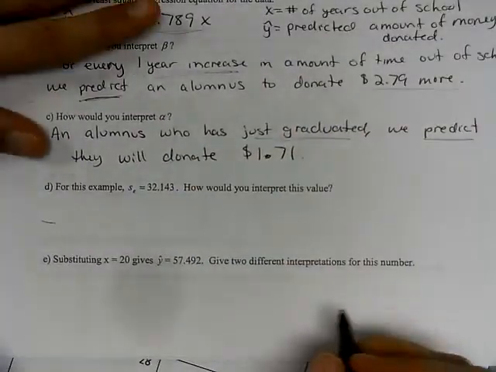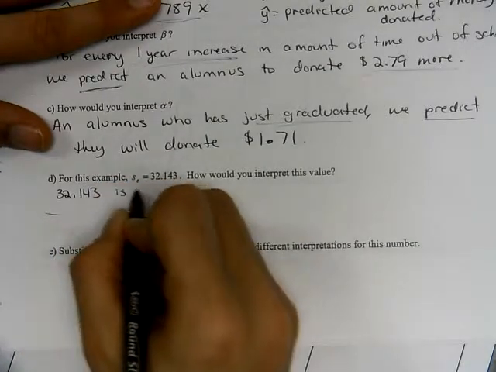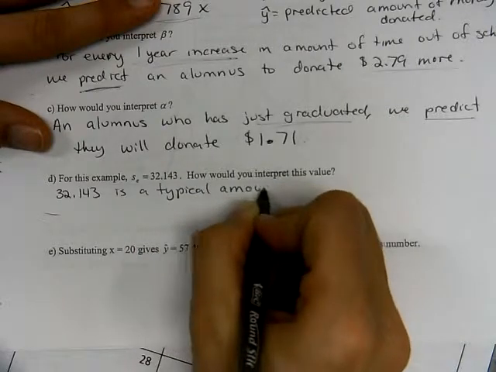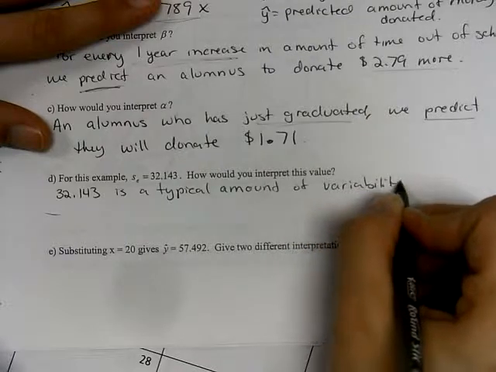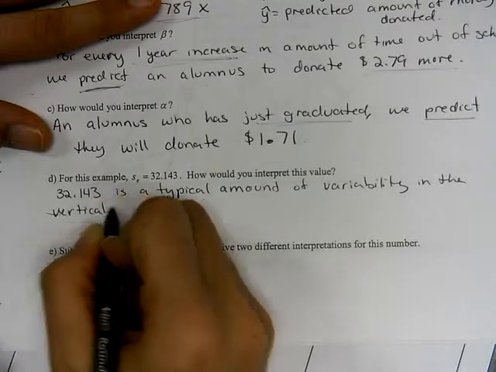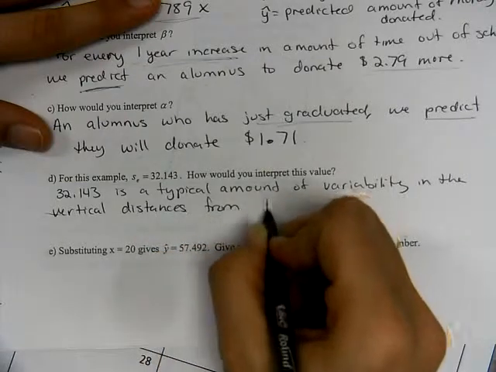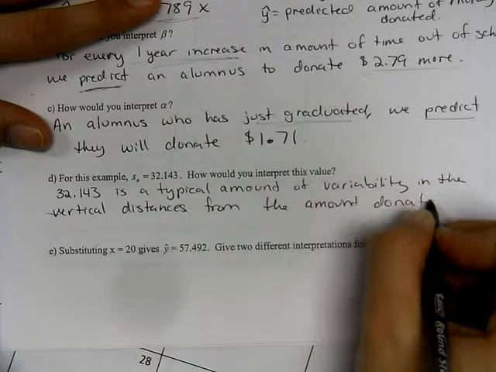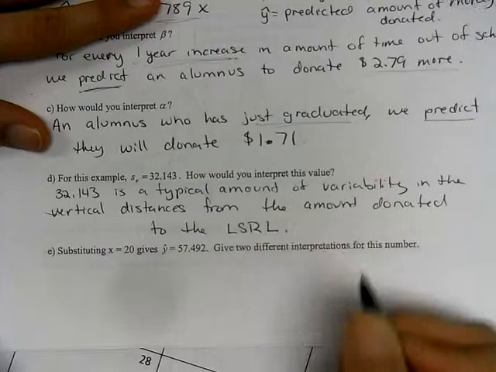But for now, you can just copy what I'm writing. 32.143 is a typical amount of variability in the vertical distances from the amount donated to the least squares regression line.